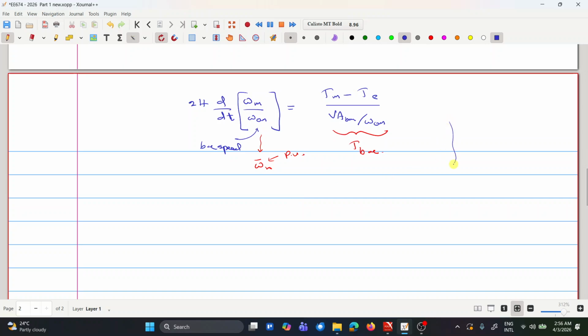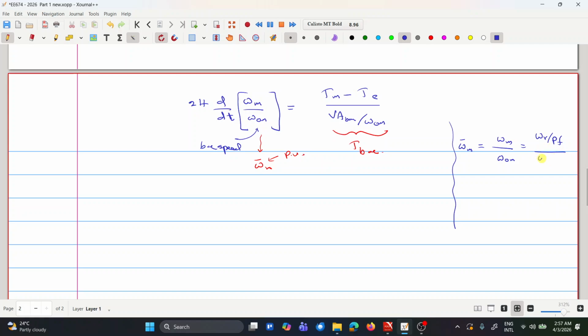Okay, so before we go to the next step, we have the per unit mechanical speed, which is omega m over omega 0 m, right? So that would be equal to omega r over pf, where p is the number of poles, right?